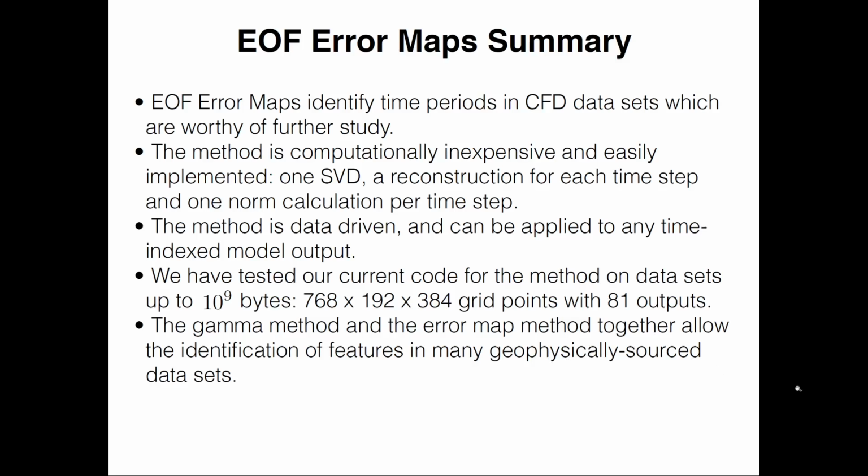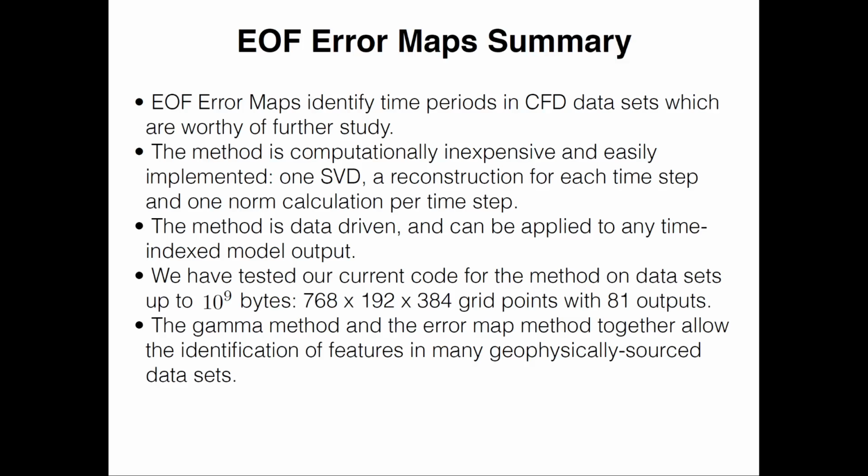All right, so in summary, error maps identify time periods of interest in CFD data sets which are worthy of further study. It's computationally inexpensive and it's easy to implement because it's one SVD, or singular value decomposition, reconstruction for each time step, and one norm calculation per time step. It's not bad at all. Okay?